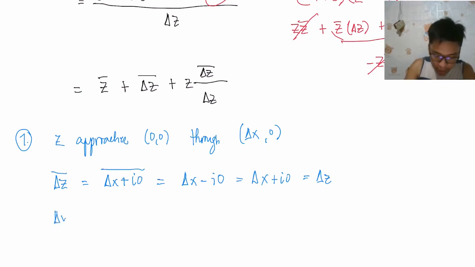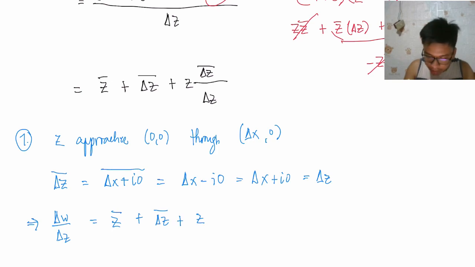So our delta w over delta z is z bar plus delta z bar plus z times delta z over delta z, which will be just 1. So finally, you would have z bar plus delta z bar plus z.